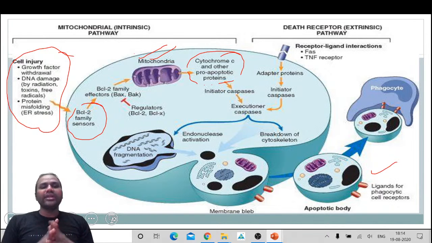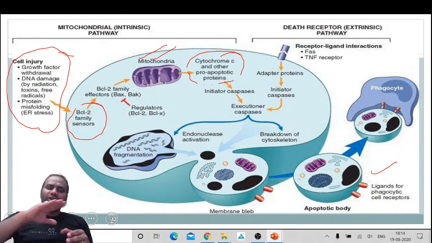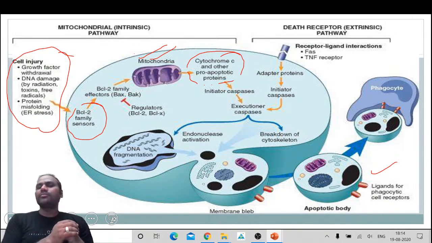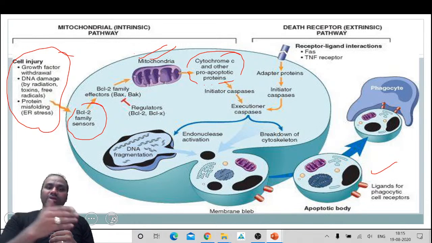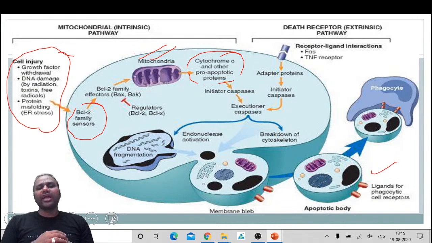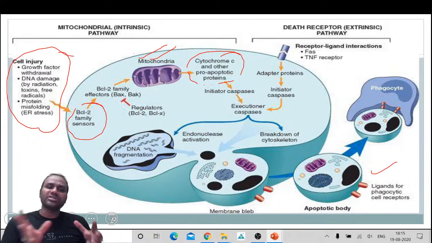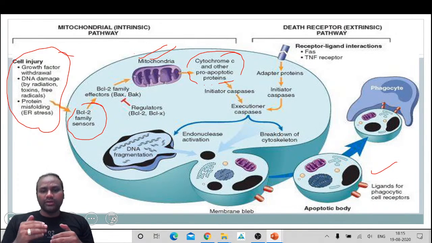We were able to cover only necrosis and apoptosis today, so we'll talk about autophagy and other types of cell death in the next class, and also learn about intracellular accumulations and calcifications, which are also cellular responses. The best way to study is to read and come.